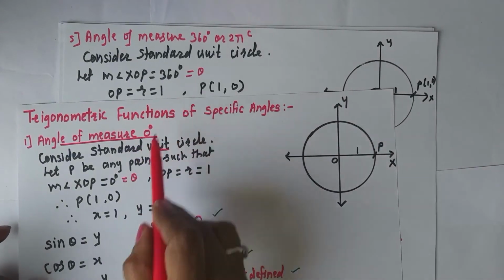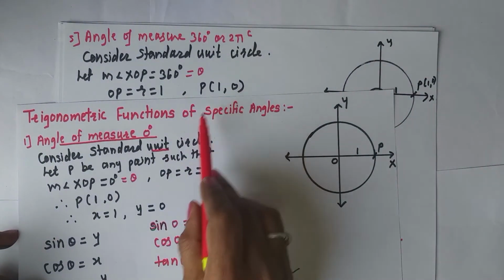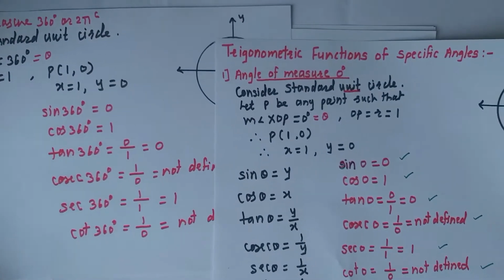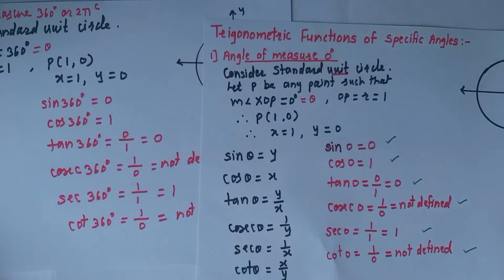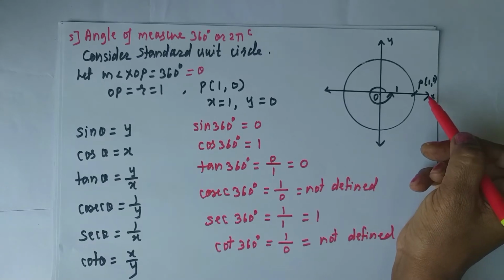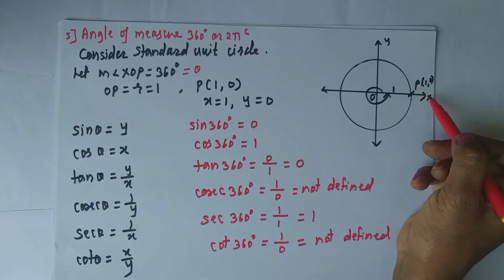See here, in both the cases point P has coordinate 1, 0. Therefore, trigonometric functions of angle 0 degree and 360 degree are the same. Why are these the same? See here, angles of 0 degree and 360 degree are both coterminal angles because their initial and terminal arms both lie on the positive direction of x-axis.